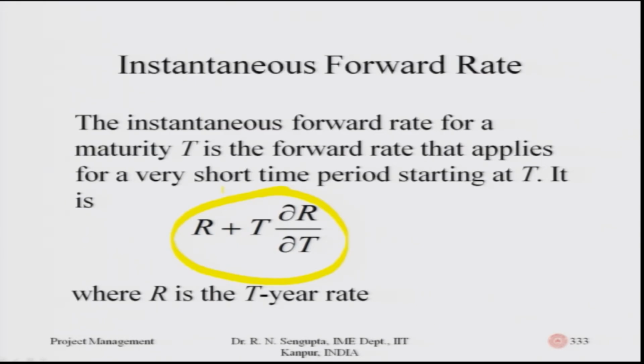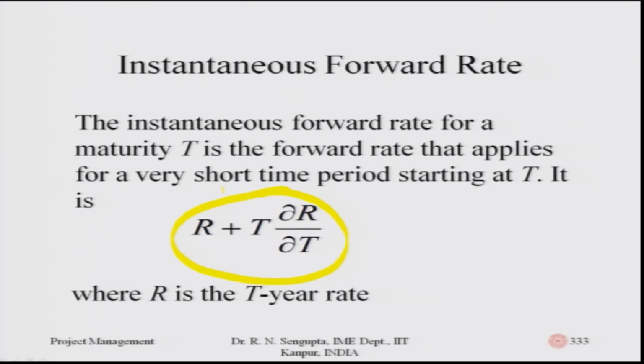So, this R which you have is basically the t year rate which is given here, and this del R del t is the rate of change of that interest rate function with time, multiplied by the duration of time which you are going to take.